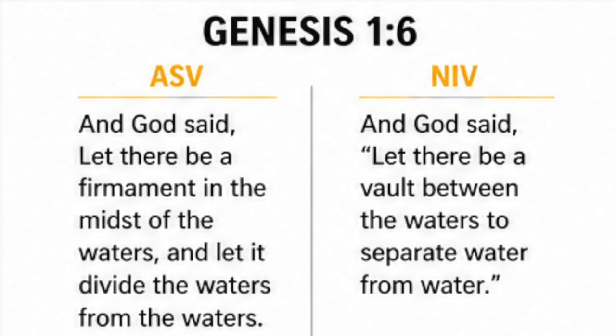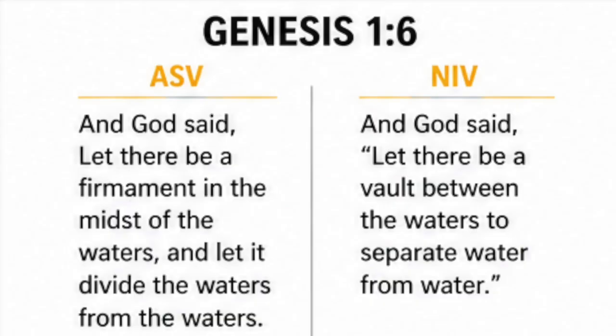This is a big translation difference. That's from Chat GPT. What is firmament? The Hebrew word is rakia. It means something spread out or stretched out. Possible meanings: sky, expanse, dome-like structure. And coming from me, heavens.